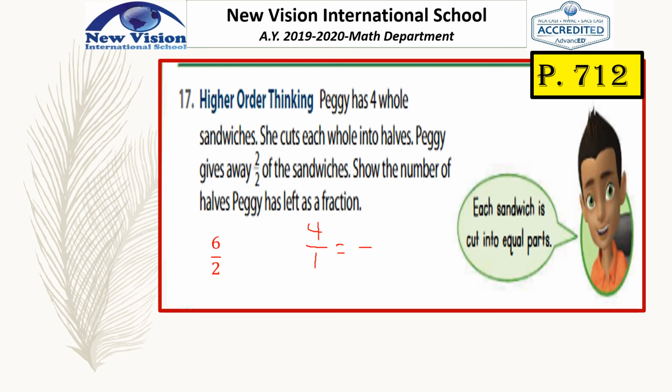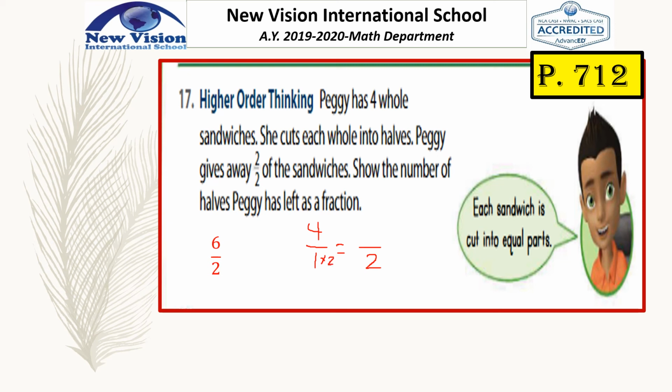We know that Peggy cuts each whole into halves, and when we say halves, we have 2 as the denominator. Okay, do you remember how to get the equivalent fraction? We know that the new denominator is 2, hence we will multiply the denominator 1 by 2.